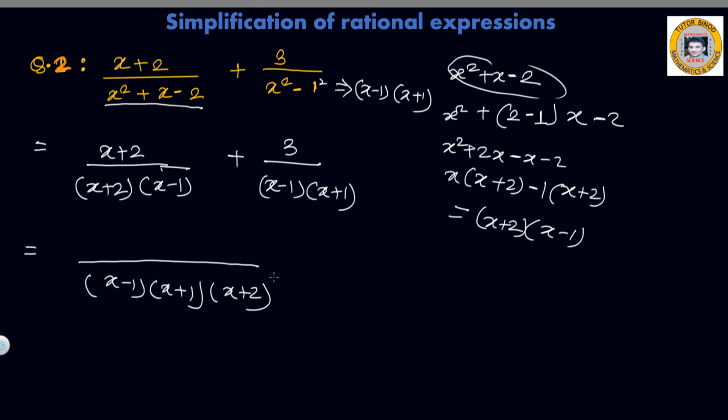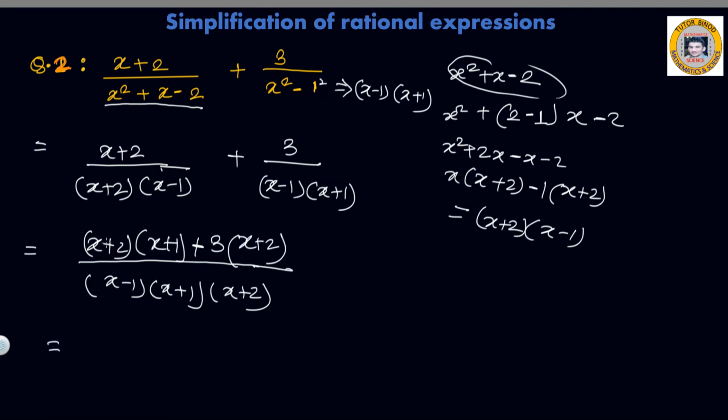Now let us divide this LCM by the denominator of the first term. x plus 2 and x minus 1 are gone, so I would be left with x plus 1, which I should multiply by x plus 2. So x plus 2 times x plus 1. Similarly, in the second term I would have 3 over x minus 1 and x plus 1. If you divide the LCM by this, you would get x plus 2, so x plus 2 will be over here.